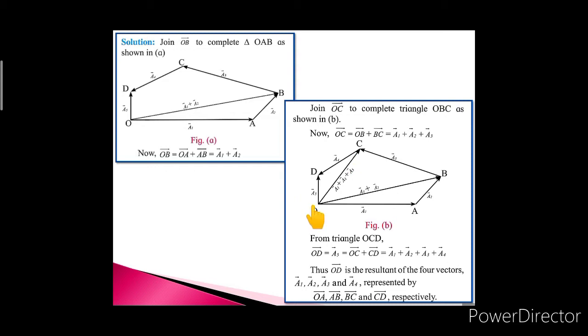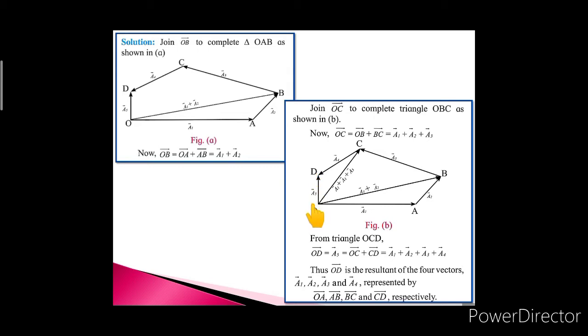So here we can write vector OC is equal to vector OB plus vector BC. The value of vector OB is vector a1 plus vector a2, and the value of vector BC is vector a3. So the value of vector OC is vector a1 plus vector a2 plus vector a3.